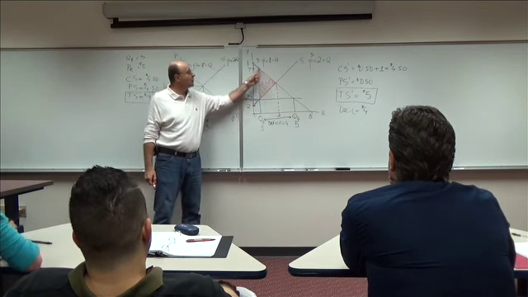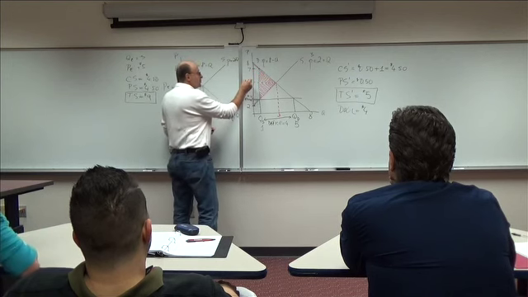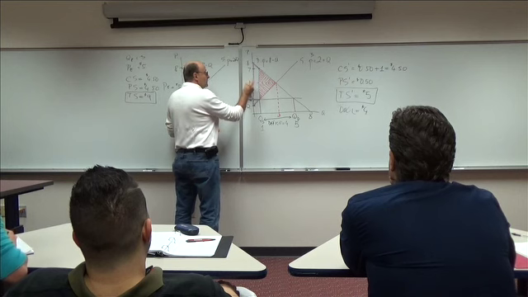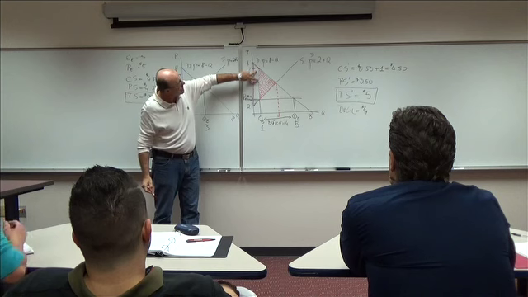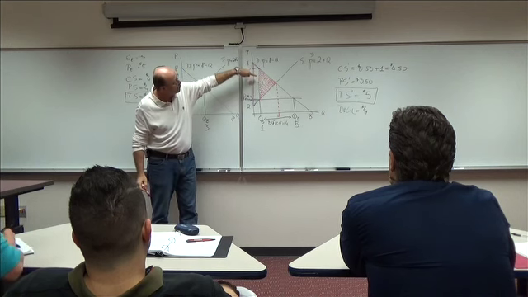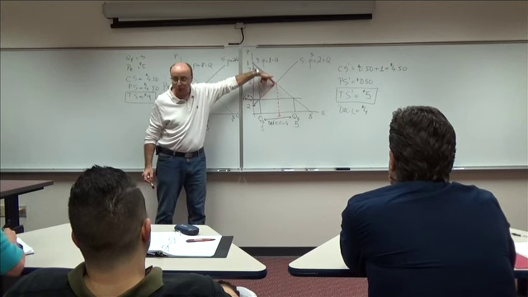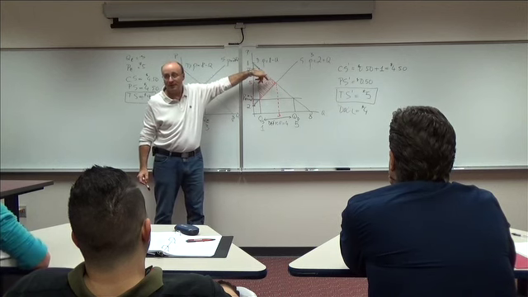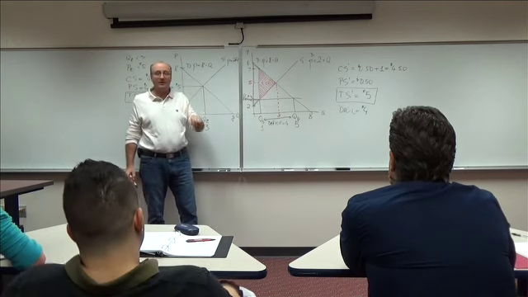Let's start with the lost consumer surplus. Remember, this used to be price 5, right? Equilibrium price 5. How tall is this triangle representing lost consumer surplus? 2 times 2 units that no longer are enjoyed is 4 divided by 2, $2.